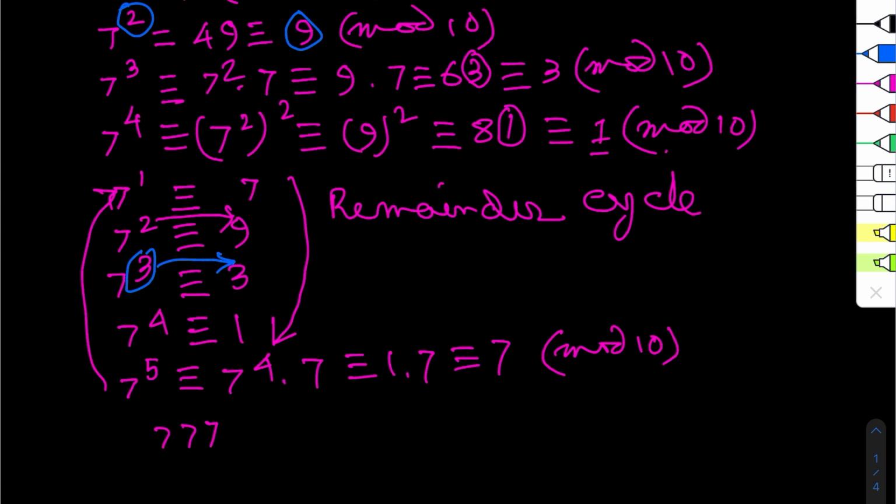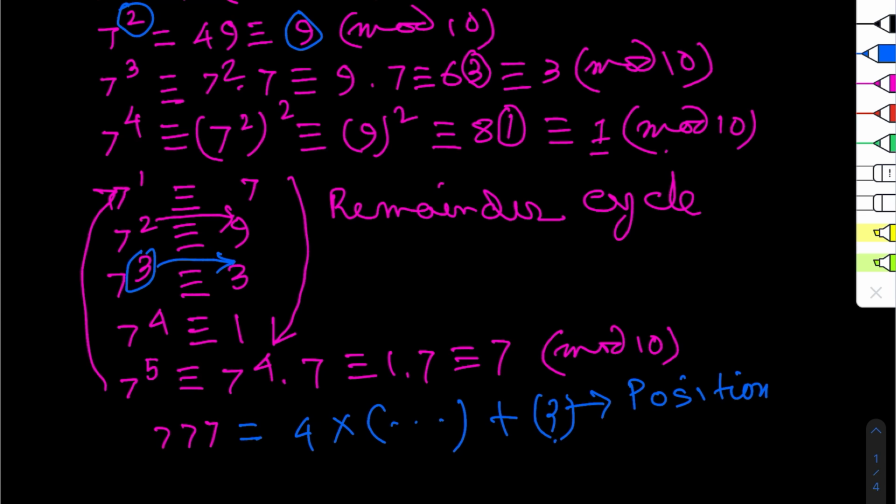So in this way, 777 can be written as 4 into something plus a single digit, and this single digit is the position.